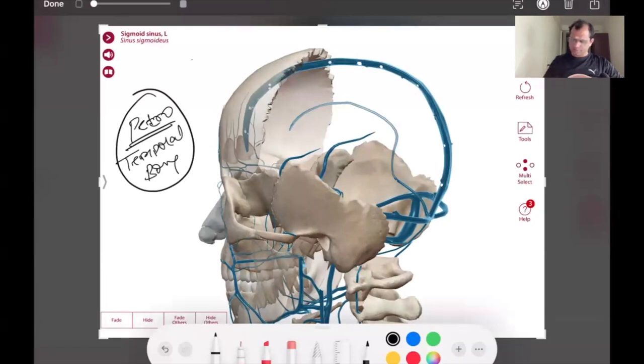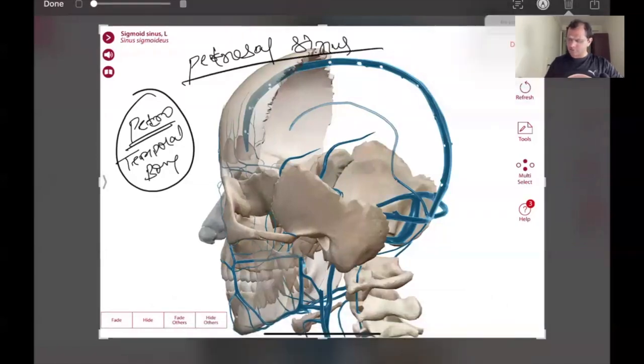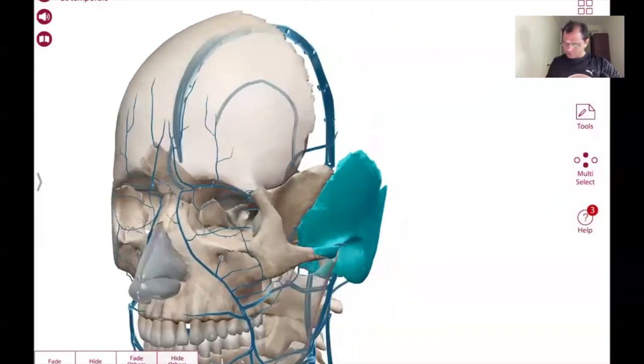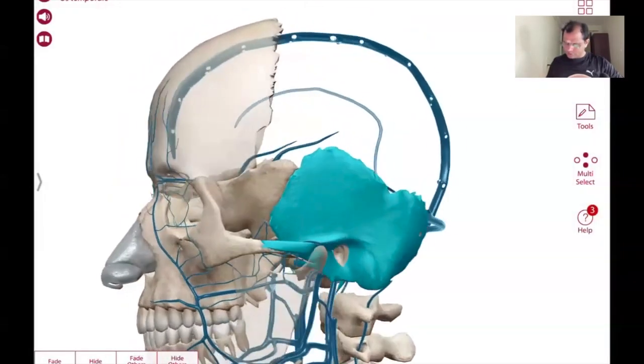If you're telling petro, it means some structure nearby the temporal bone. Petrosal sinus means bigger veins, some structure near the temporal bone. So let's see now. This is the temporal bone on the side. We know the temporal bone is the bone on the side of the ear.